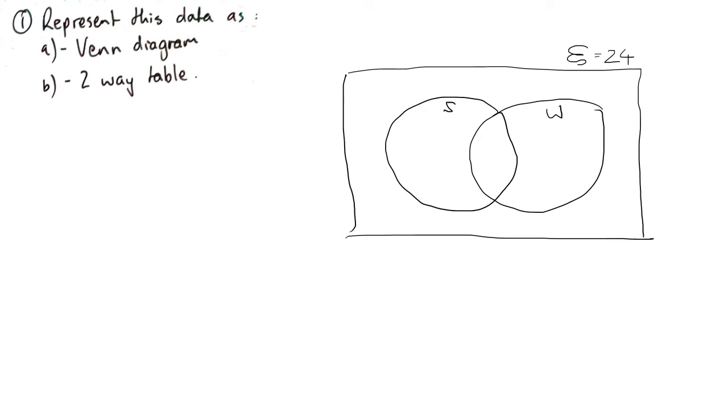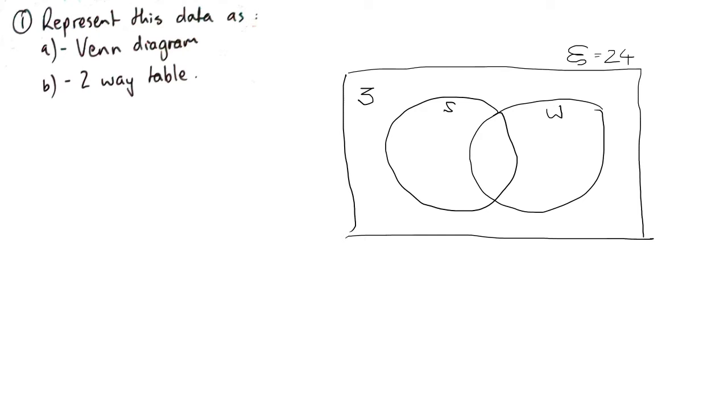The first thing I tend to do is that the easiest things to identify are usually the intersection and also those items that aren't in either set. We've got 3 students who received nothing, so they are going to be outside. Then we've got 10 students who received a box of angry wasps only.